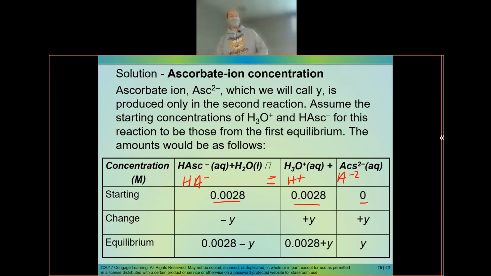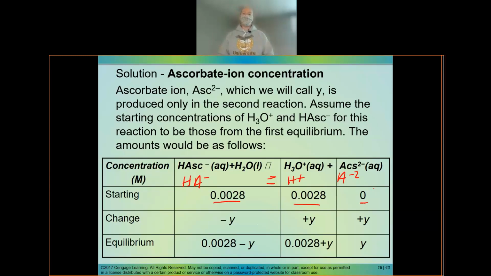And so now instead of calling them both x values, we're going to call this one a y, which is fine. It's just another variable, so you don't get confused with that was x and so was that. All right, so we're going to say it has to go to the right because you cannot have 0. All right, so minus y, plus y, plus y. And at equilibrium, you have your 0.0028 minus y, 0.0028 plus y, and y.